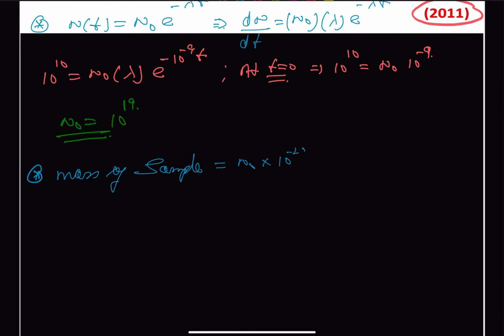We substitute the value of N naught, that is 10 to the power 19, into 10 to the power minus 25.